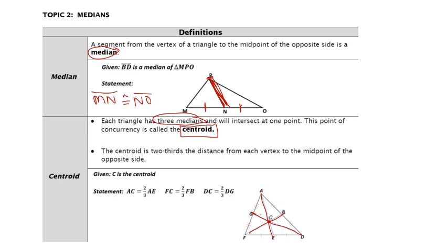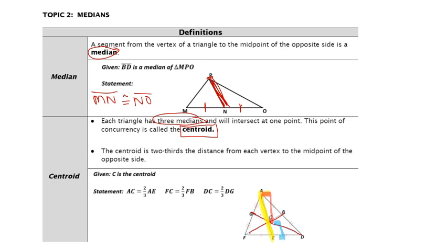There's a special property with how this gets divided up. The length of the median, let's say AE, if I take 2/3 of that, that's going to give you AC. So there's a 1/3, 2/3 relationship here.